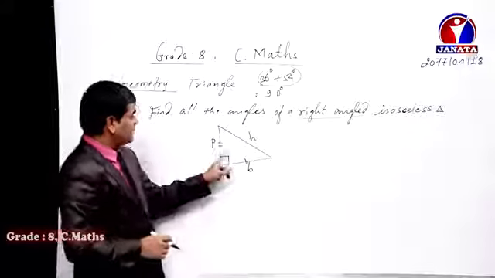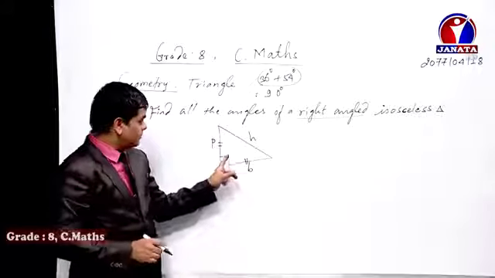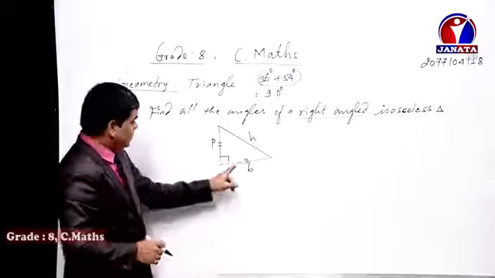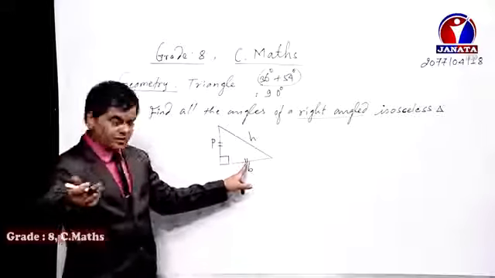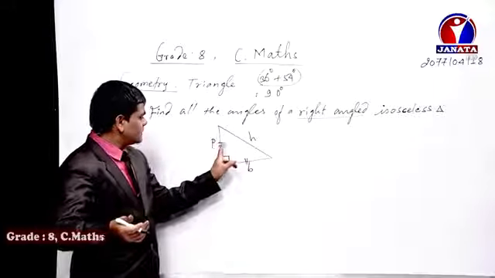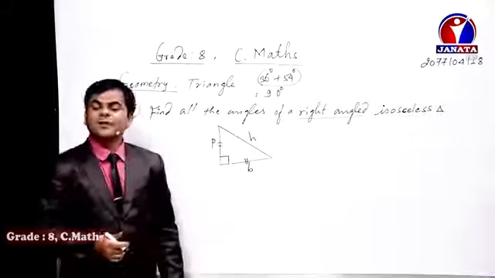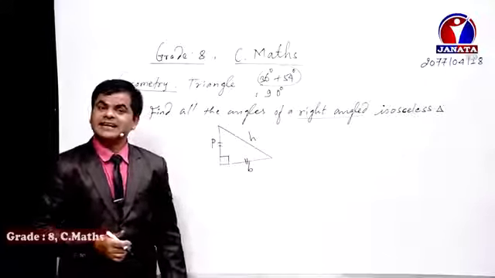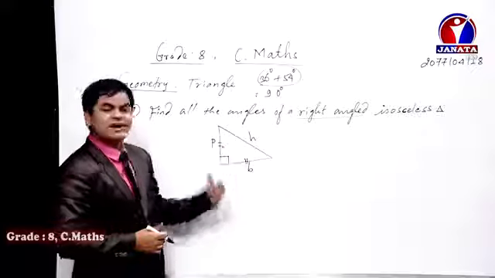And another thing we have to know is that opposite to the equal sides, the angles formed are known as the base angles in an isosceles triangle. This is an isosceles right angle triangle.